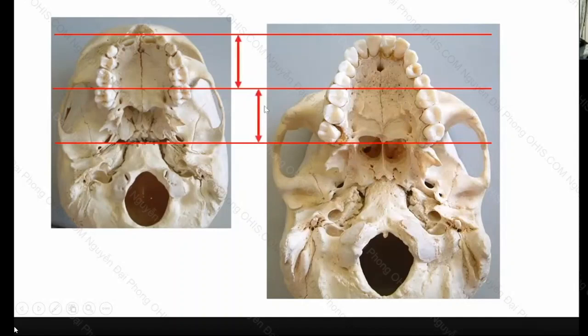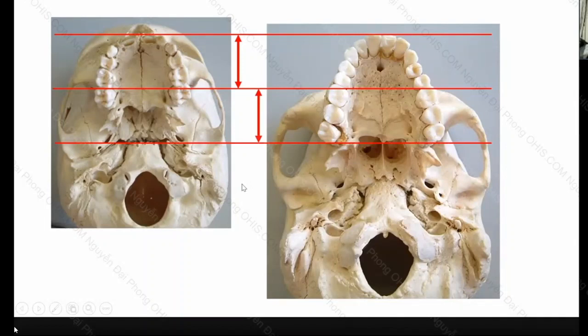That means these growing kids have to grow this tuberosity area this much. Otherwise, we cannot adapt all the molars. Yeah, this is the posterior discrepancy problem.